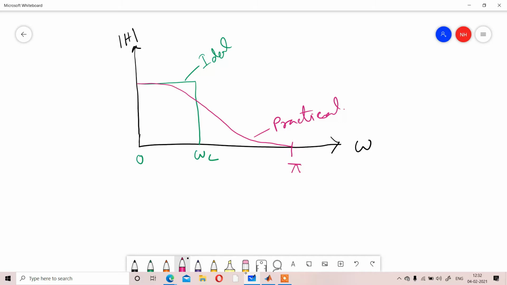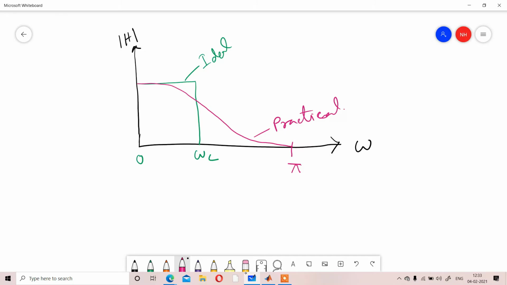Okay, so if we represent that in the time domain, you can see that this will not be unstable, this will not be non-causal, this will obviously be causal and stable. So instead of the ideal filter, we will use the practical filter.